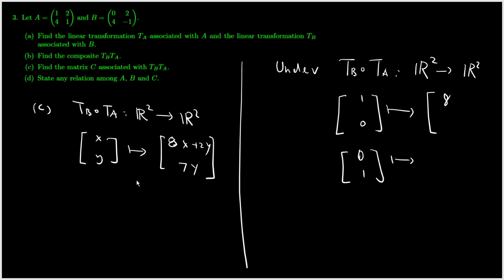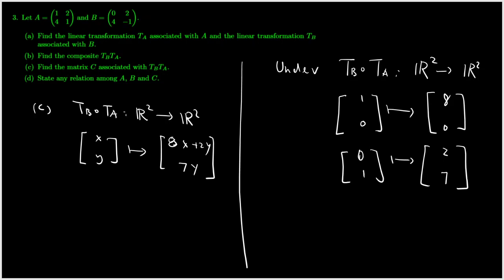And then the second component is given by 7y. 7 times 0 is still 0. And then for the output of 0 1, x value is 0, y value is 1. So do you have 2, 7? I think you have 2, 7.